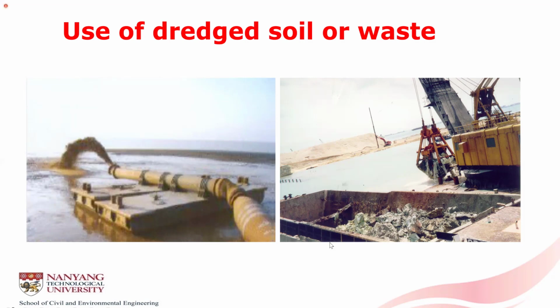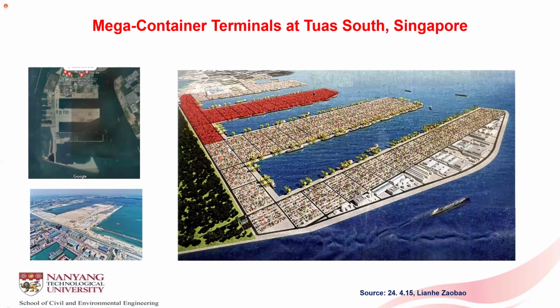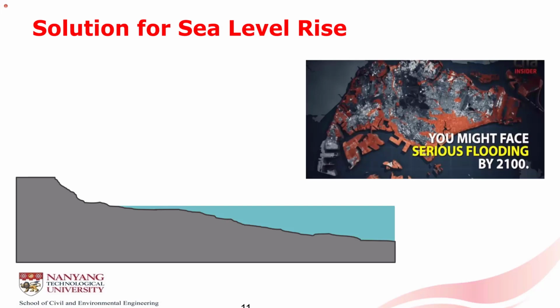One is grabbed from the seabed, another one is you use suction dredgers and you pump it as a slurry. In fact, clay fill was used for a recent land reclamation in Singapore, which is the Tuas land reclamation project.